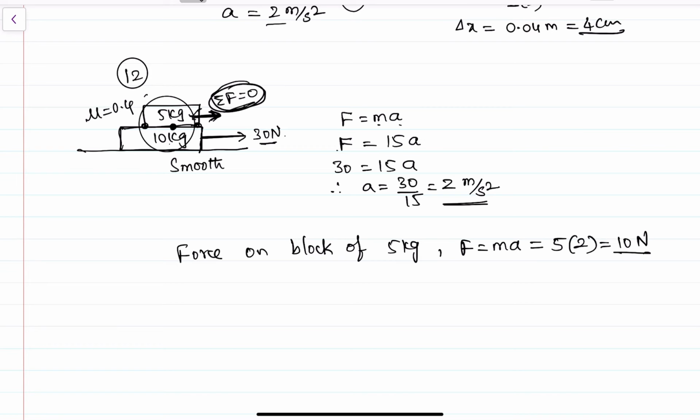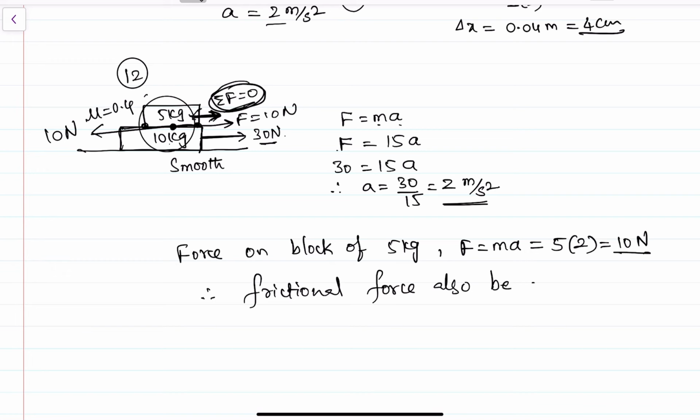Sum of forces must be equal to 0. In this case, if the applied force is equal to 10 newtons, the frictional force also must be 10 newtons. Therefore, the frictional force also must be 10 newtons. So the answer is 10 newtons for this question.